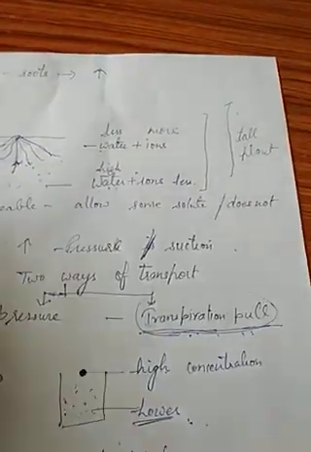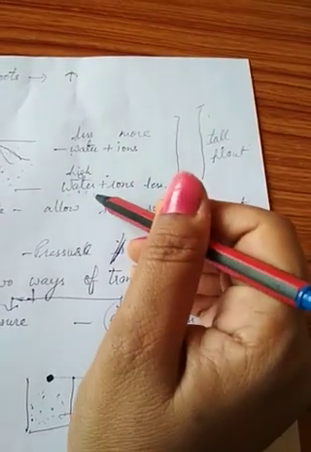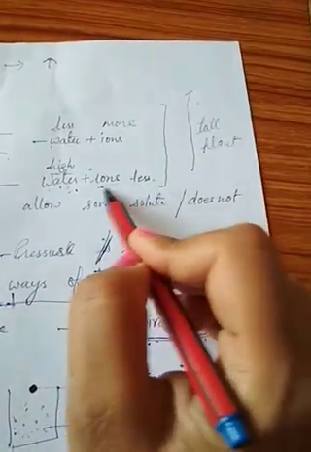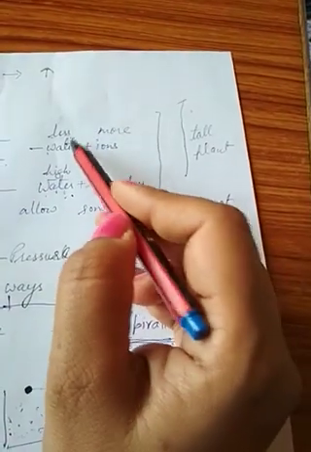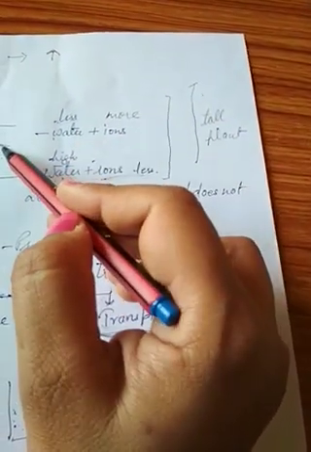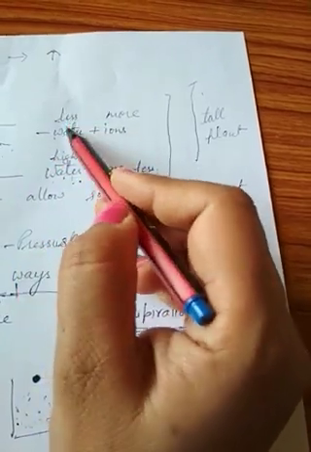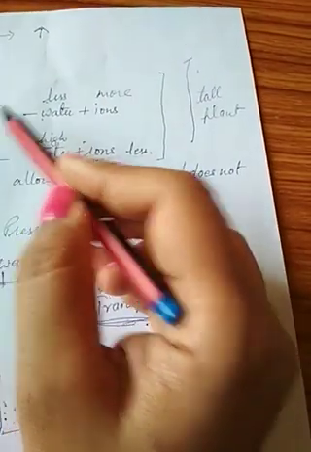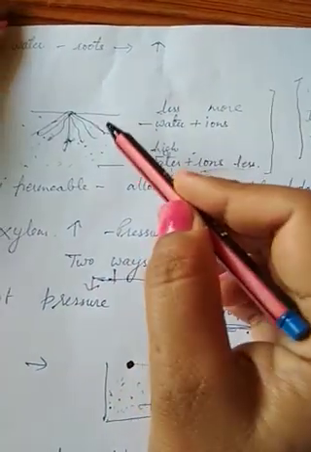Now children, as I have explained, in the soil there is a high concentration of water but the ions are less. Inside the root there is a lower concentration of water and more ions, if we compare according to the structure of the root.